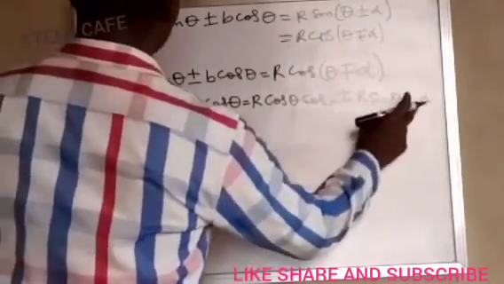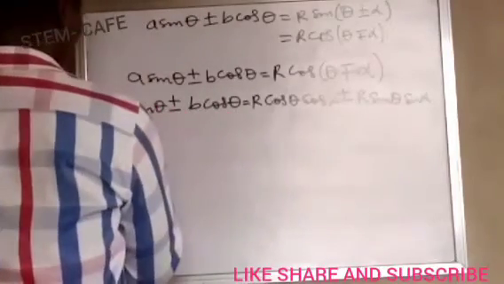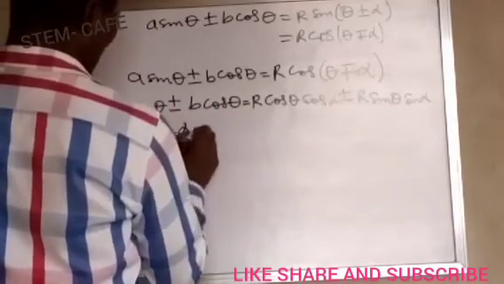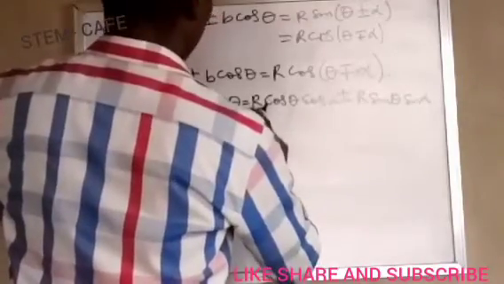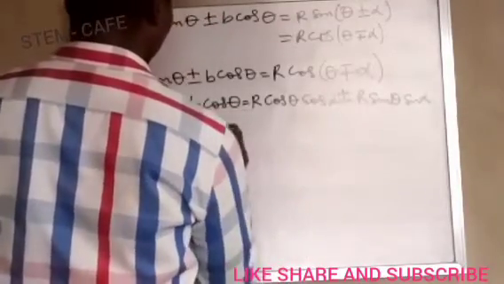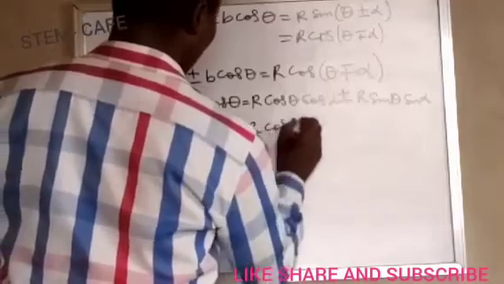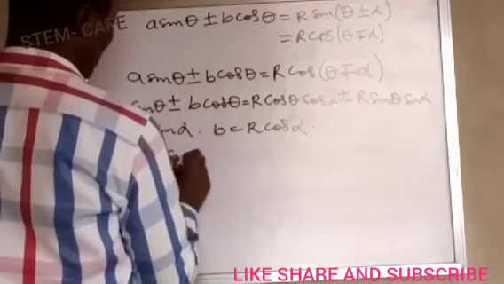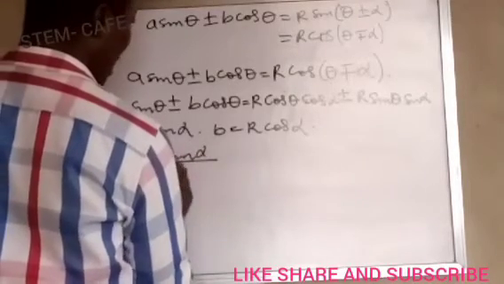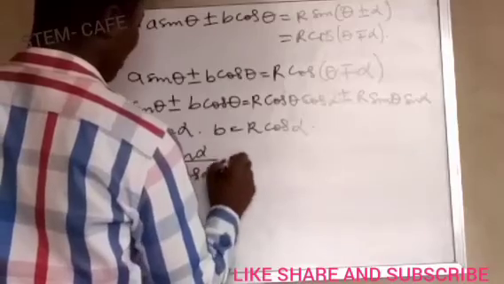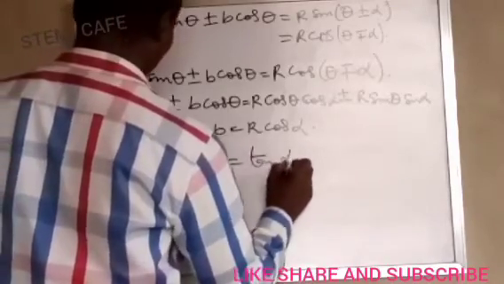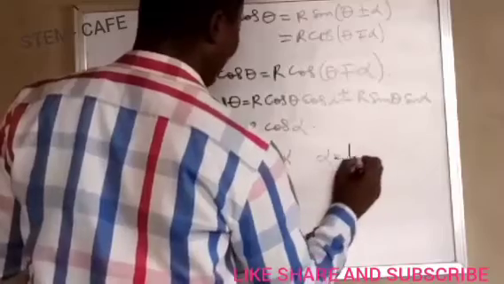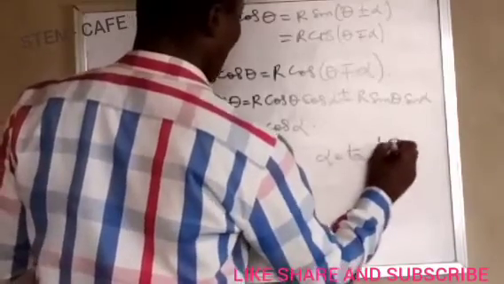On comparing this now, we can see that a will be r sine alpha, b is r cos alpha. So a over b is equal to r sine alpha over r cos alpha, which is tan alpha. So alpha is tan inverse of a over b.